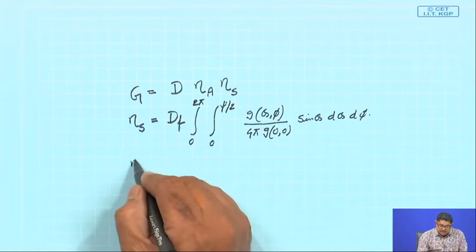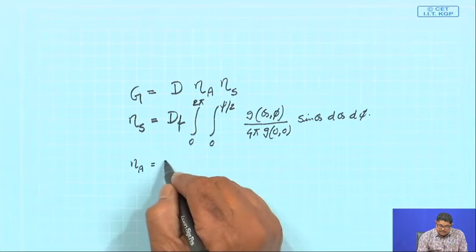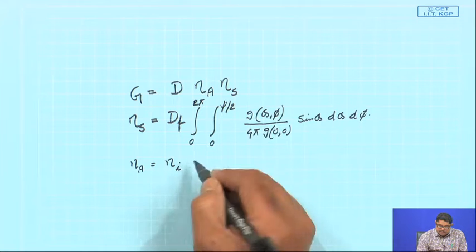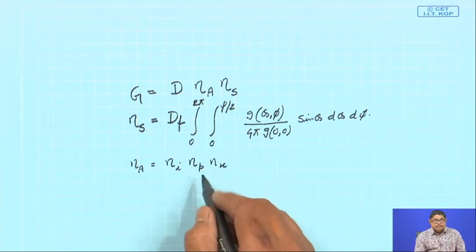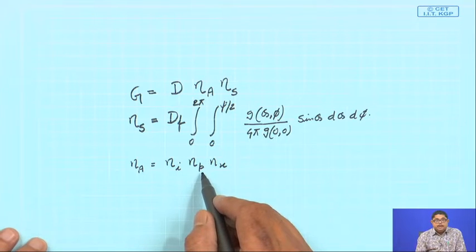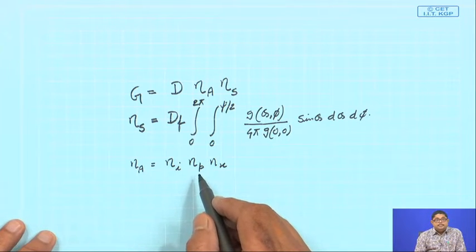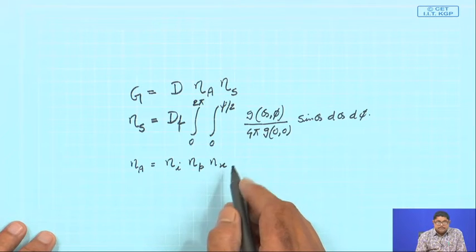And about the aperture efficiency, we have said that it is the product of three efficiencies: the illumination efficiency, the polarization efficiency and the uniform field efficiency.